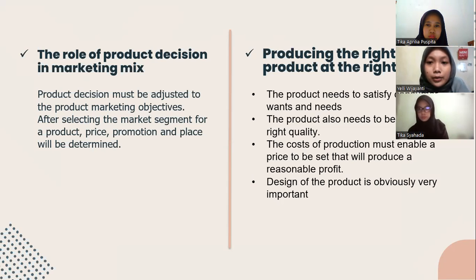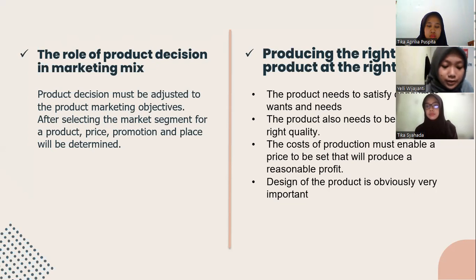The first one, the product needs to satisfy consumer wants and needs. The second one, the product also needs to be of the right quality. And the third, the cost of production must enable a price to be set that will produce a reasonable profit. And the last one is that the design of the product is obviously very important. Next.